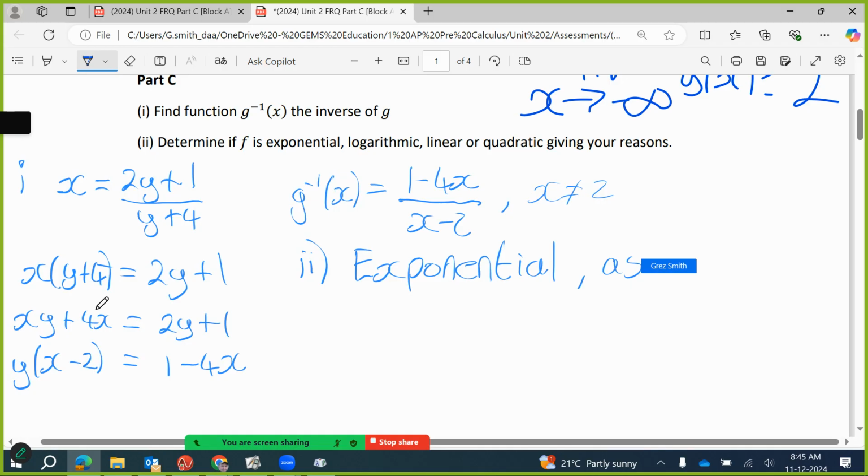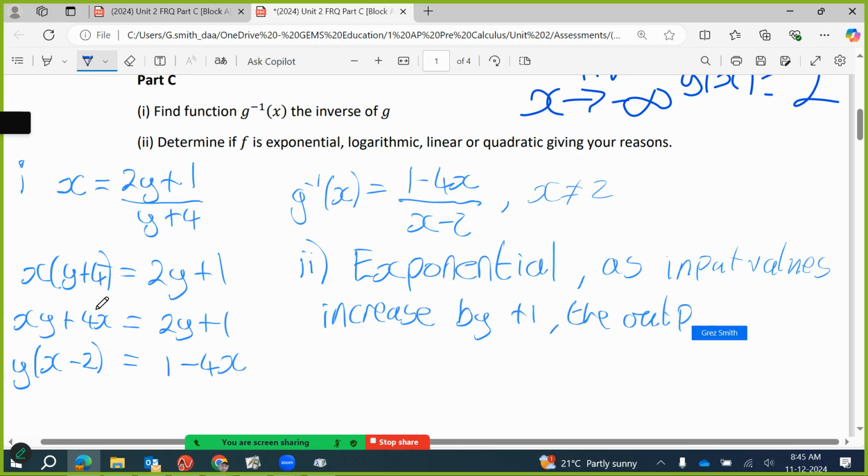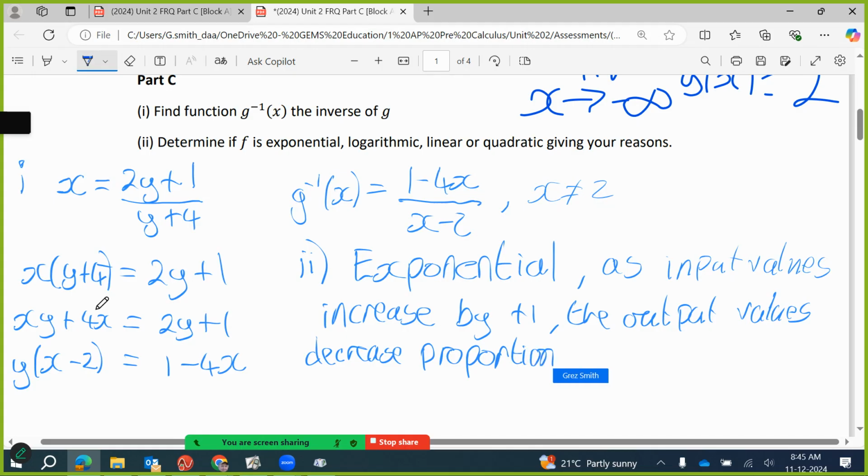as input values increase by plus 1, the output values decrease proportionally by a factor of 1/2.